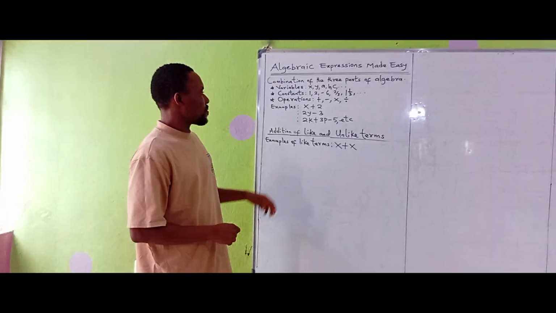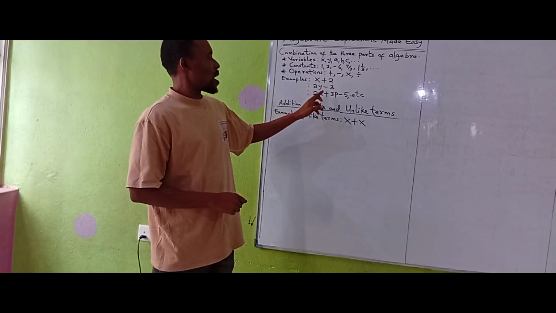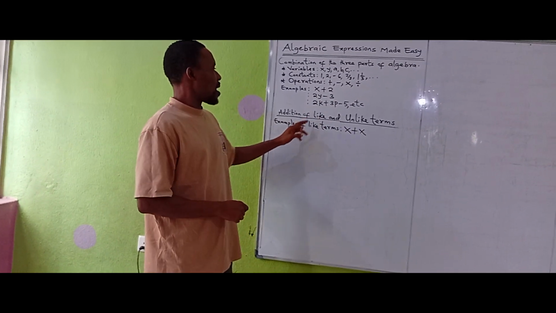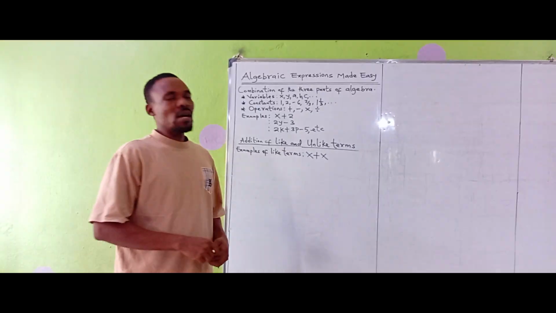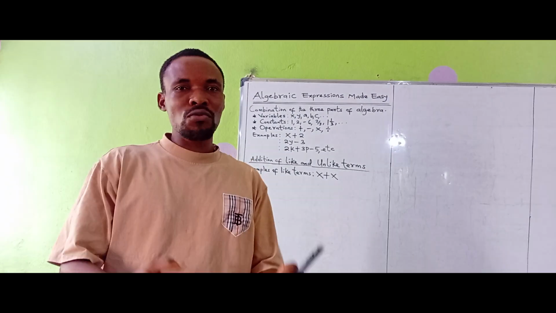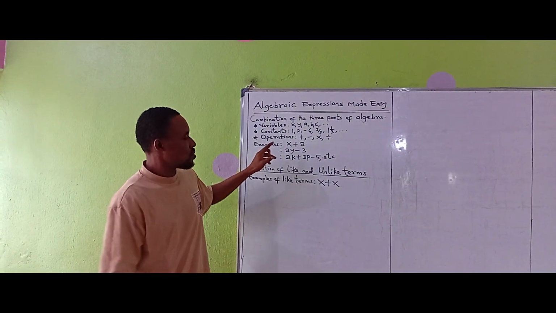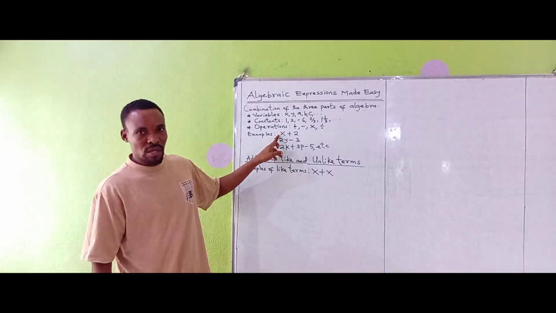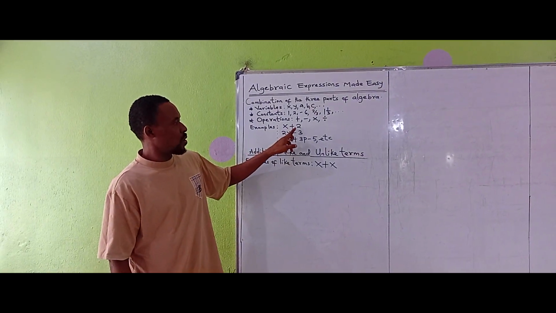Here I have x plus 2. I have 2y minus 3. I have 2k plus 3p minus 5, etc. We can have a combination of two or more terms. In this first example, we have two terms here: x and plus 2.